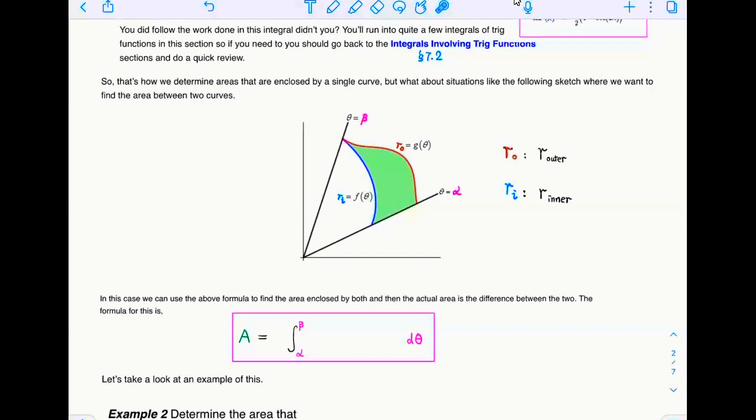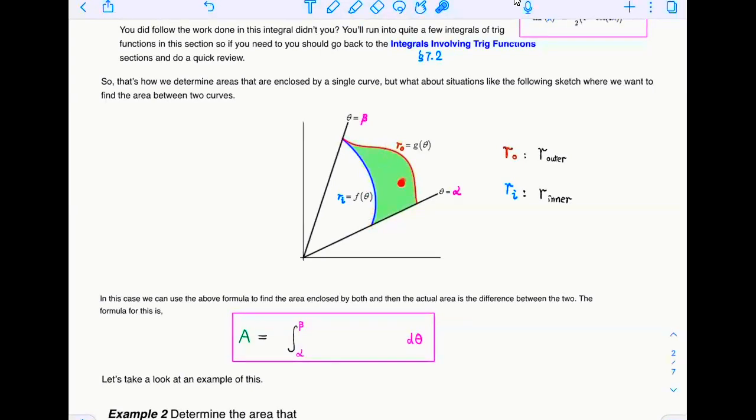Okay. Now the next situation will be like this. Before, we only had one curve, the region only from here to here. Now what about finding the area enclosed by two polar curves, one here and one here? This is the outer curve. This is the inner curve.